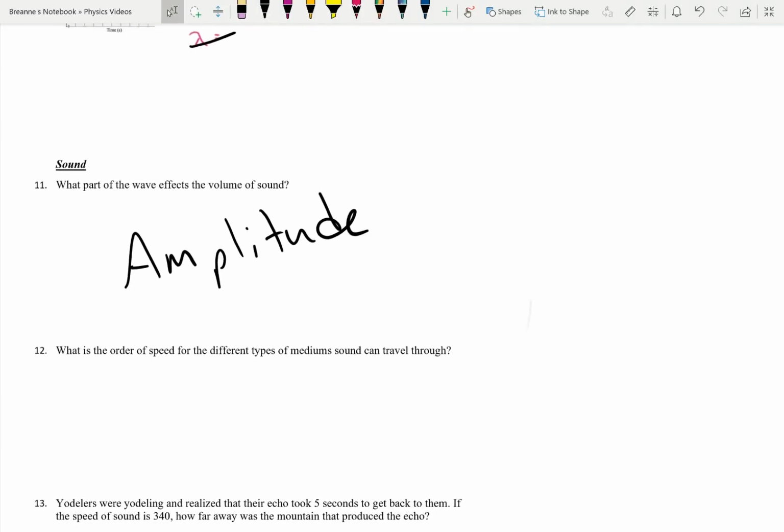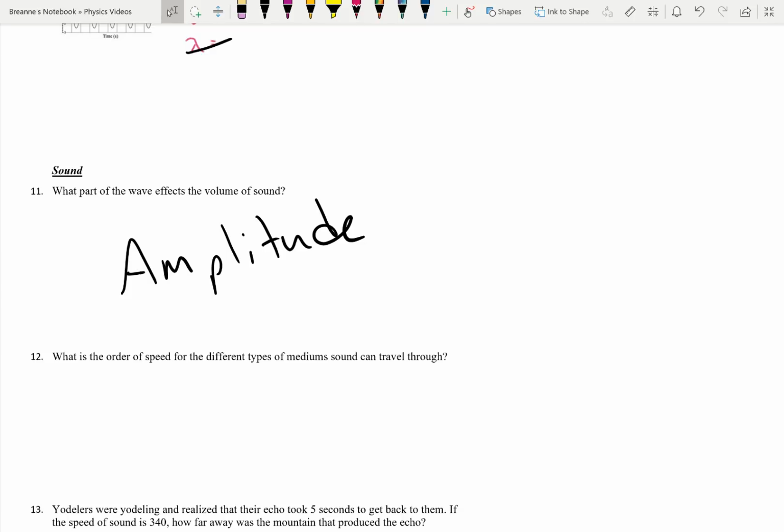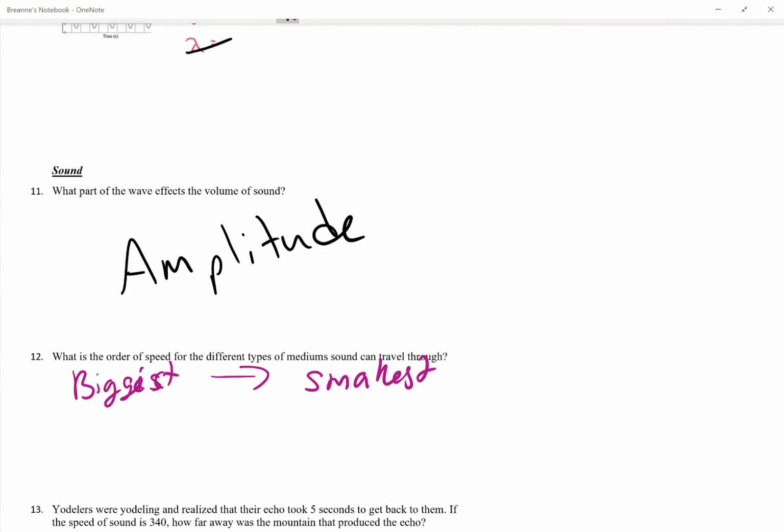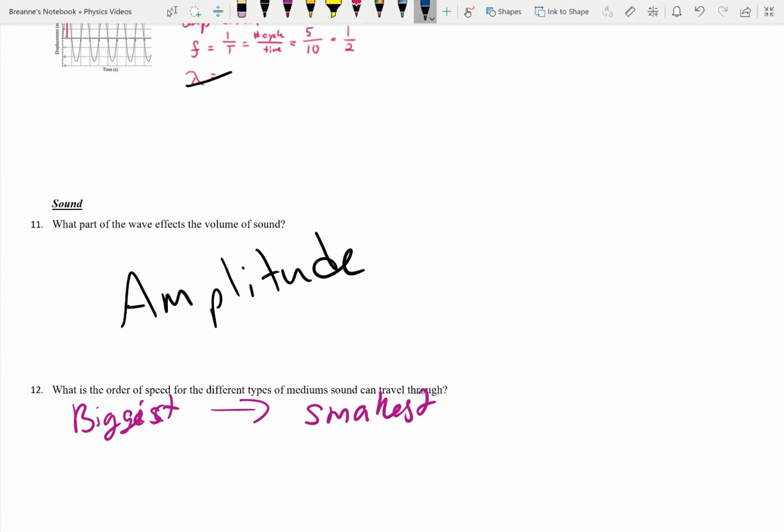What is the order of speed for the different types of mediums that sound can travel through? So if we're going from biggest to smallest, the biggest would end up being solid.